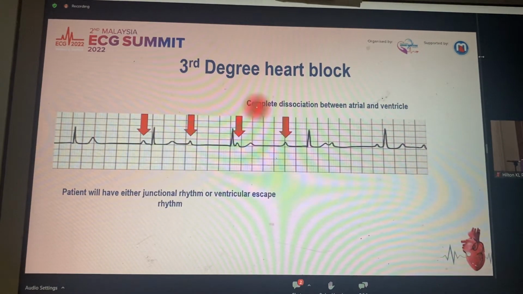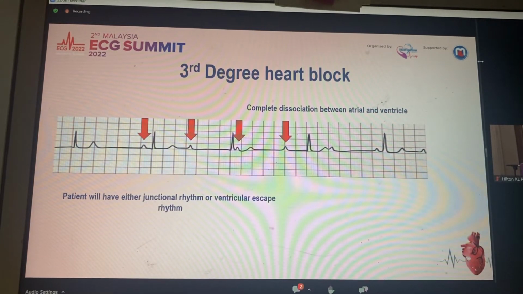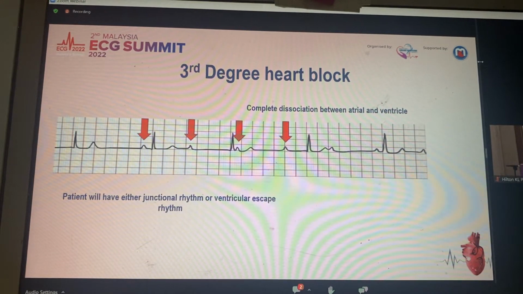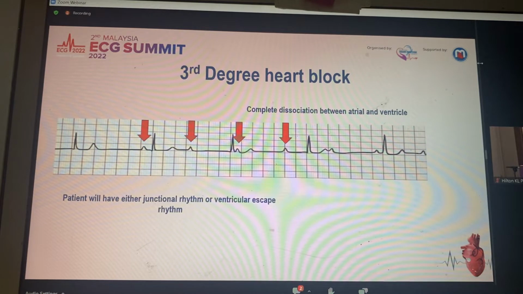But if the escape occurs lower in the ventricle, you get a wide QRS complex rather than a narrow one. In patients who are more symptomatic, usually the escape rhythm is a ventricular escape rhythm rather than the higher junctional area.